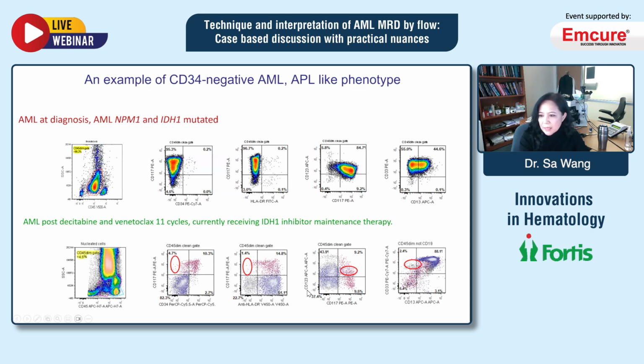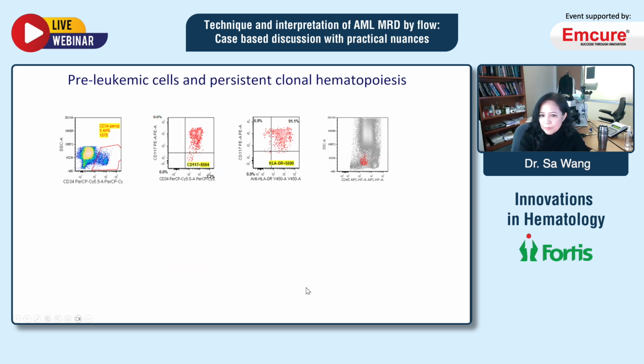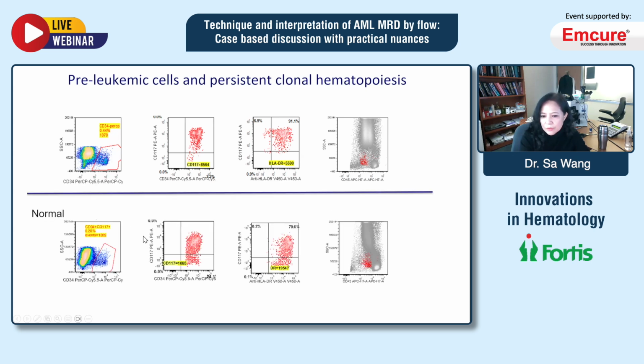So the AMMRD turned out to be negative, but however, if we look at CD34 cells, the CD117 is definitely elevated, and the HLA-DR is decreased, and also CD45 is decreased. So, if you don't remember what normal is supposed to look like, normal CD117 is low, and the DR is high, and the CD34 cells sit right under the granulocytes, right?